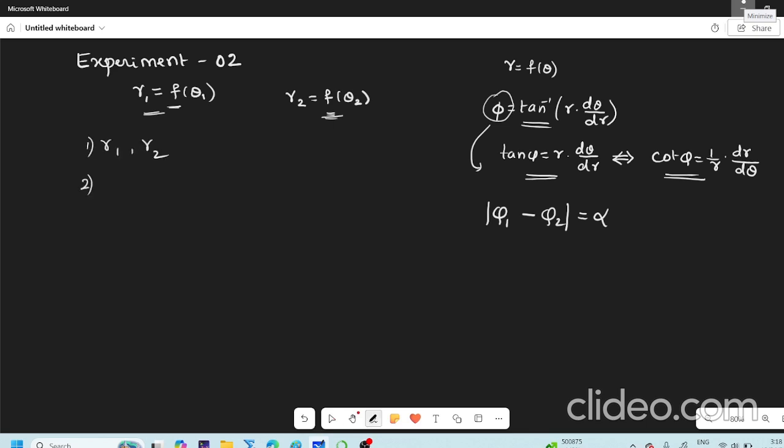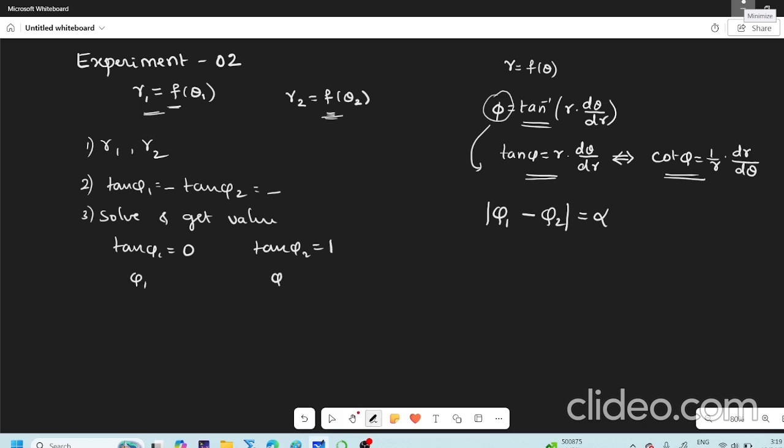Then you have to find tan phi 1 and tan phi 2, and solve these expressions to get particular values. For example, say you get tan phi 1 equal to 0 and tan phi 2 equal to 1. Then you have to find phi 1 and phi 2.